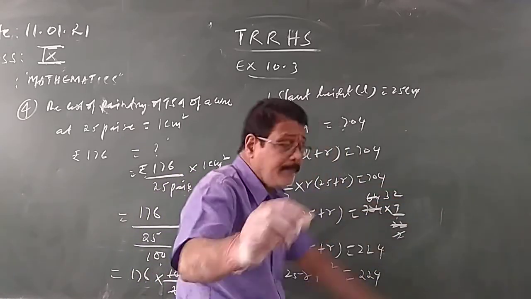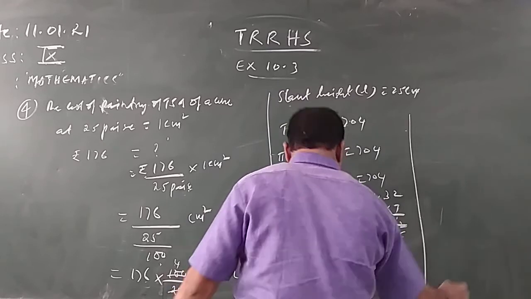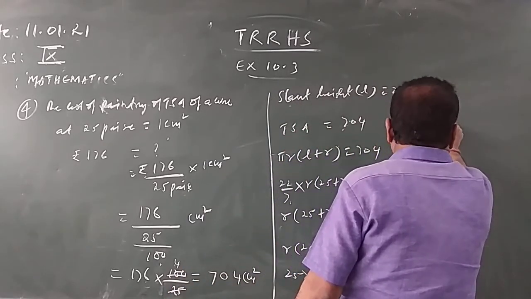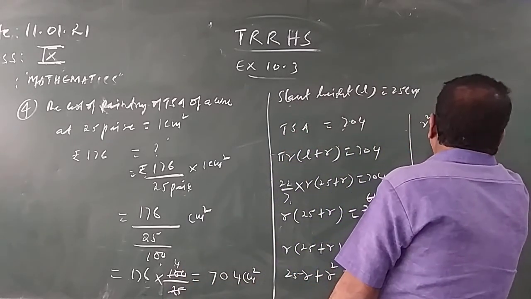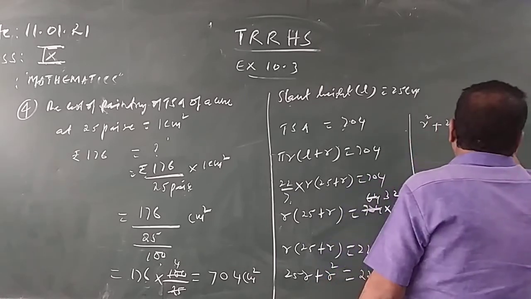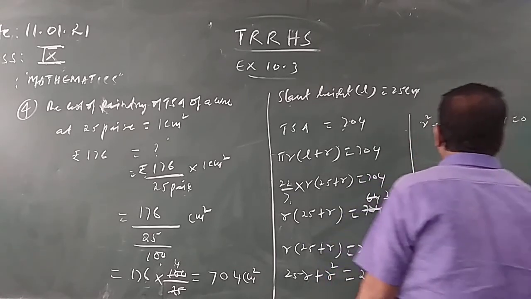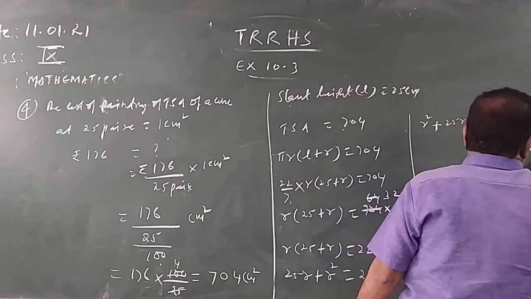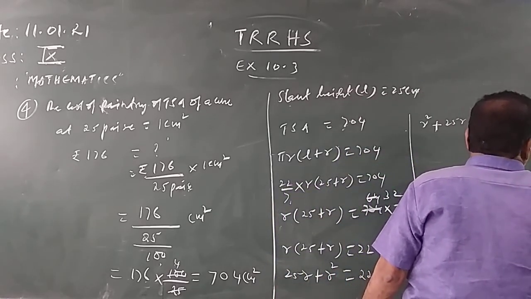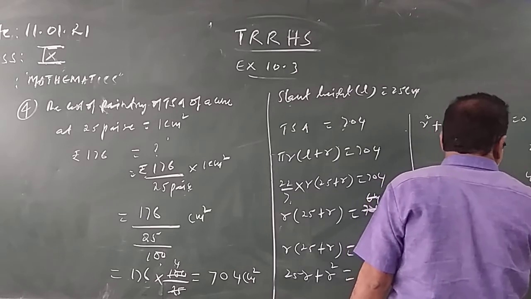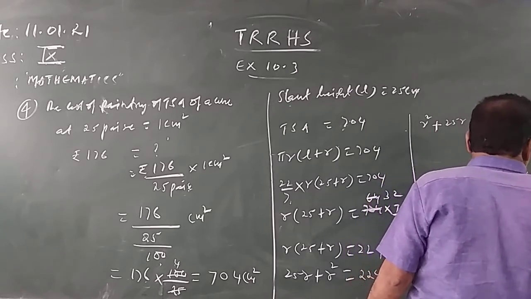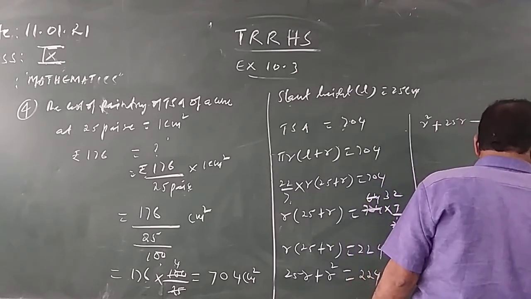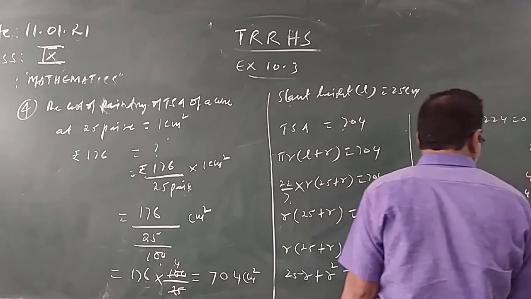You already learned in the polynomials how to factorize this. So r square plus 25r minus 224 equals 0. Factorize this, factorization of 224.